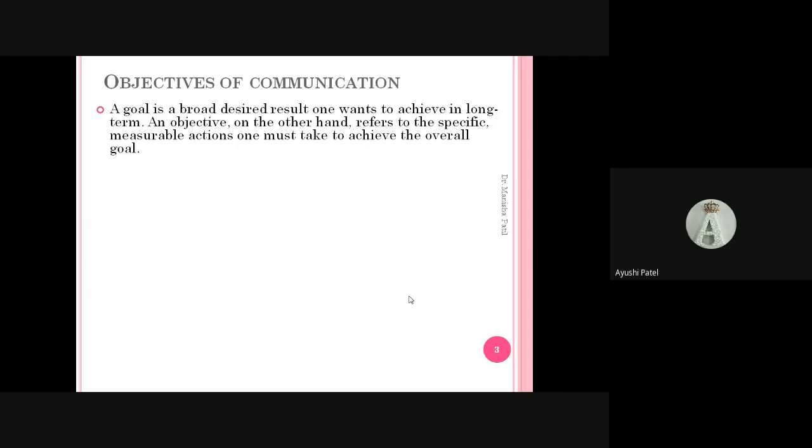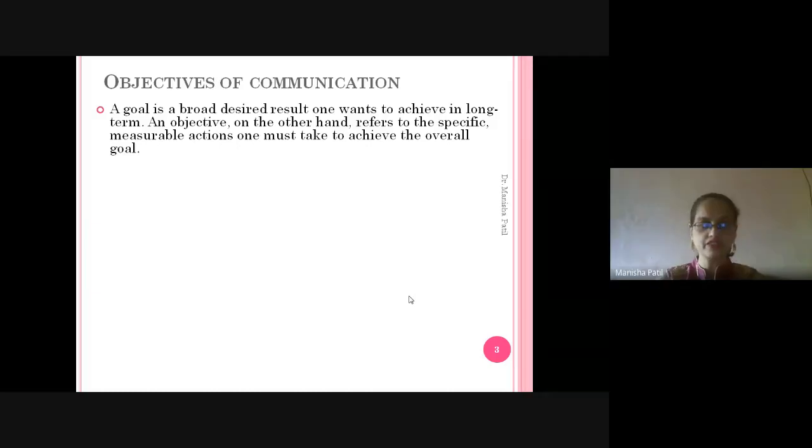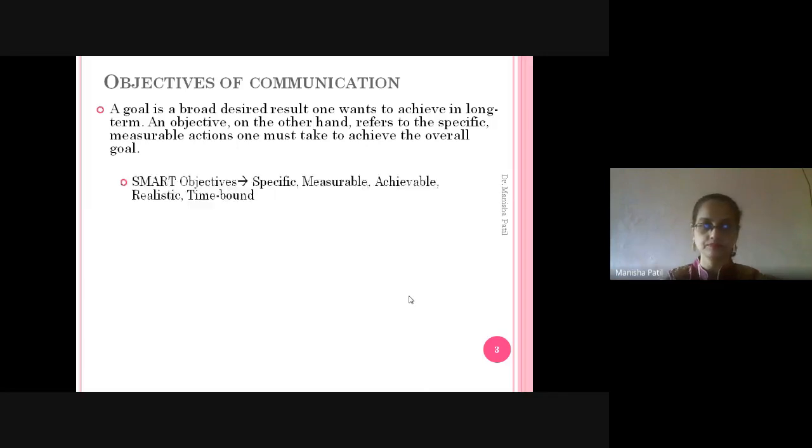So this is the difference between goal and objective. Goal is overall, long term. Objective is short term and specific. Goal is general, objective is specific. Goal is long term, objective is short term.